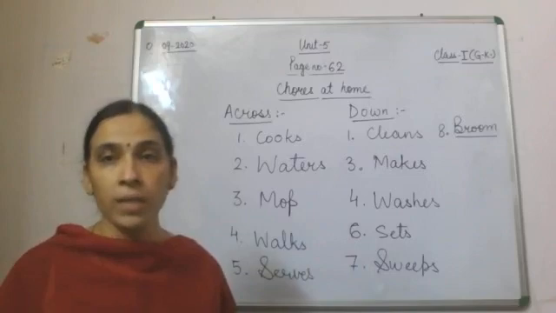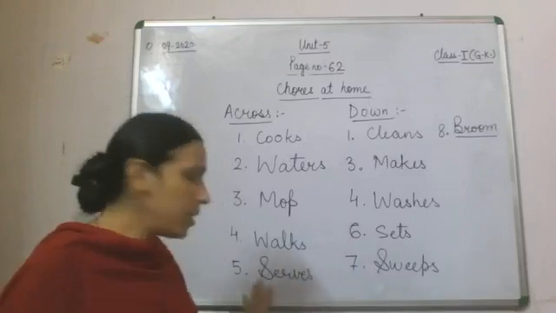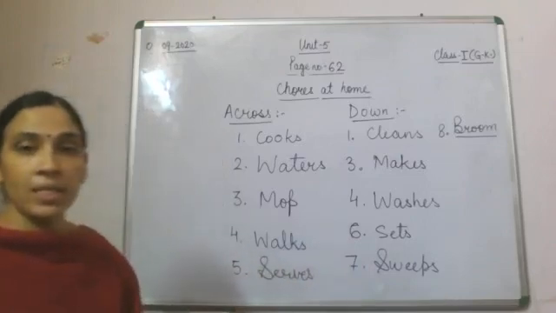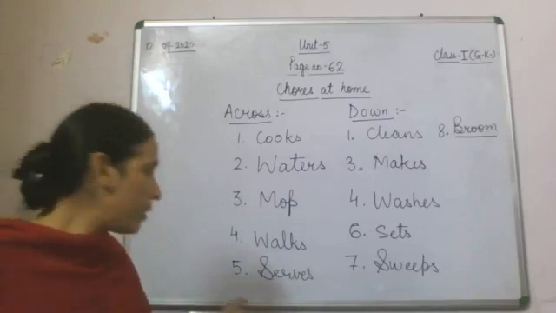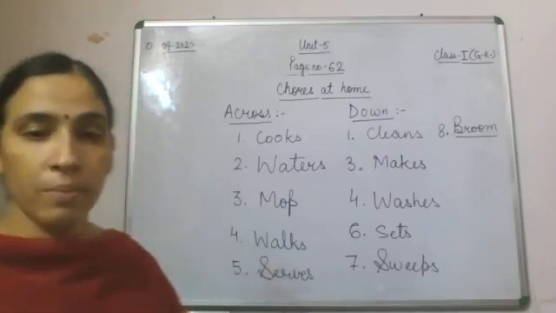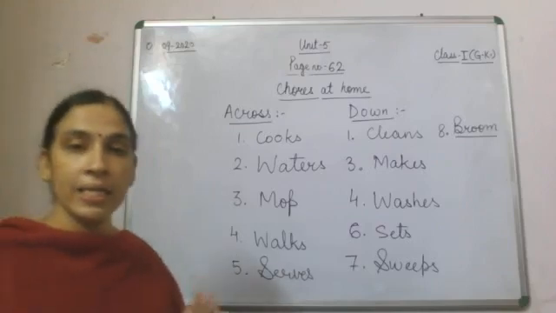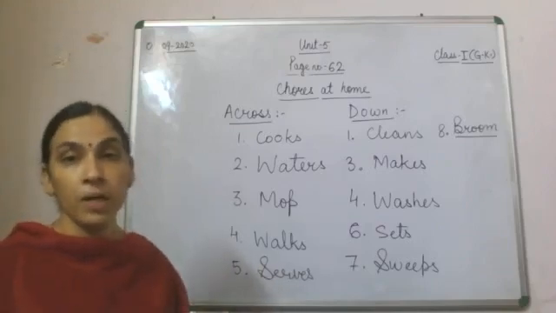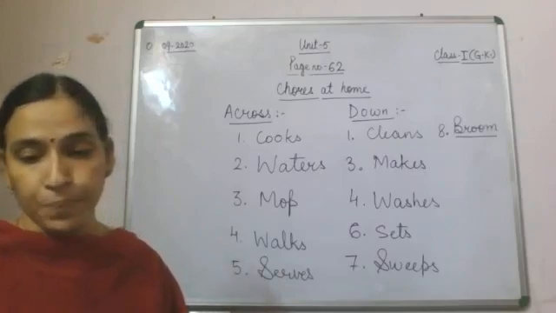Then father always serves the dinner. Now these answers you will write in the word game, which is given on page number 62, and these hints have been given on page number 63.